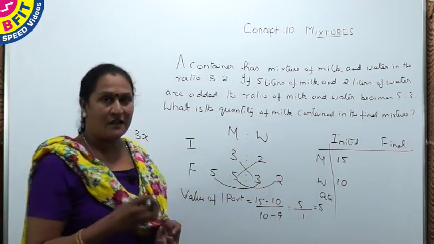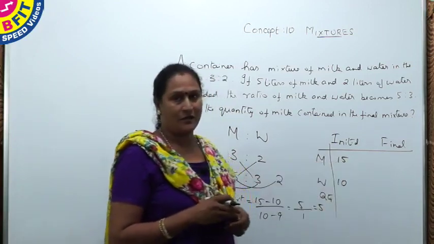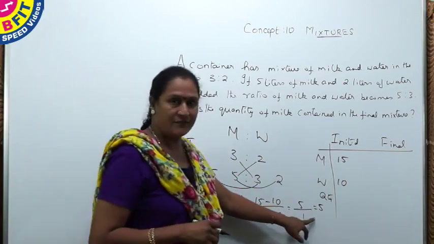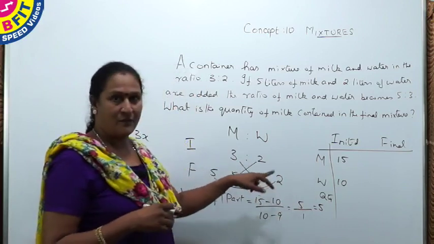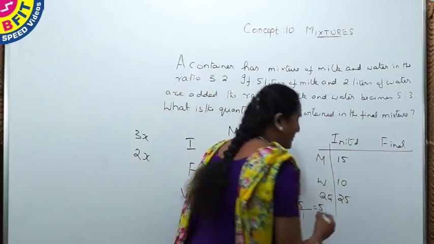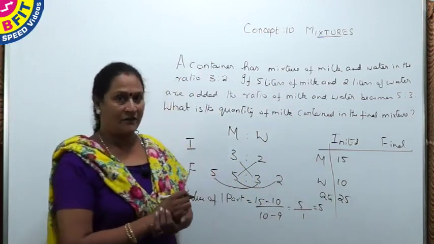If they ask the initial quantity of the mixture, you can add the amounts of milk and water, but instead, the value of one part is 5. Initially we had 5 parts, so 5 into 5, 25 liters. So the initial quantity of the mixture is 25 liters.